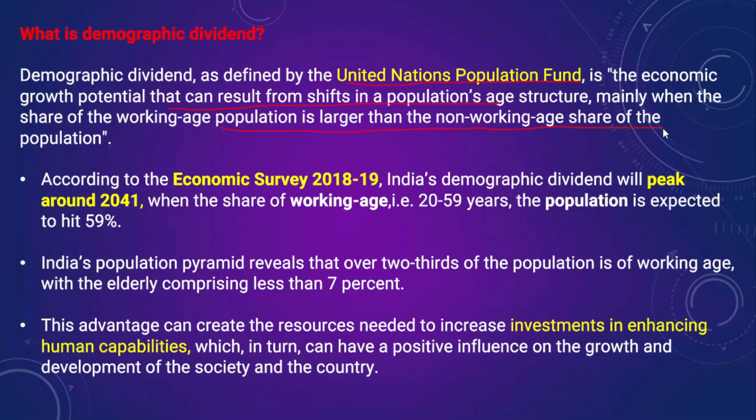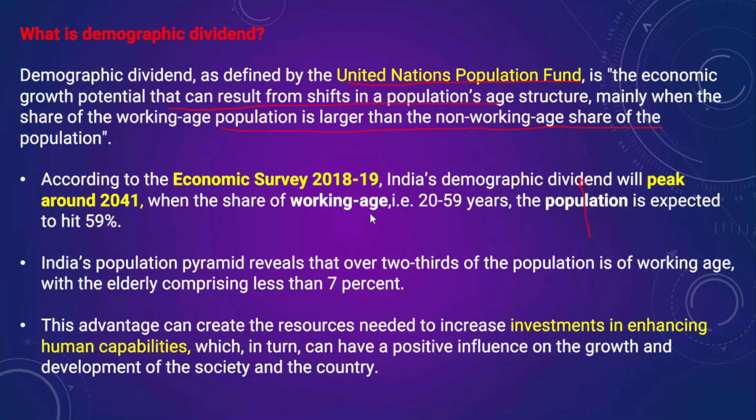However, Economic Survey 2018-19 has described that the demographic dividend will peak around 2041. So what does it mean when we say that the demographic dividend peaks around 2041? It means that the total demographic dividend peak will be achieved by 2041, and after that the share of non-working age population will gradually increase, and the working age population will gradually decrease, right?